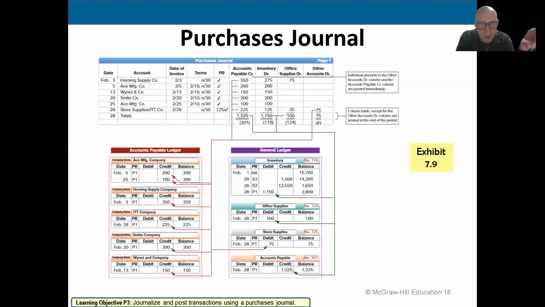We can see how all of those purchases that we've made are connected to our accounts payable ledger. I haven't paid those bills yet, so therefore it's an accounts payable. I made all these purchases of inventory, put it into my inventory, and it's also in my accounts payable because I haven't paid them yet. But you see how it works, right?